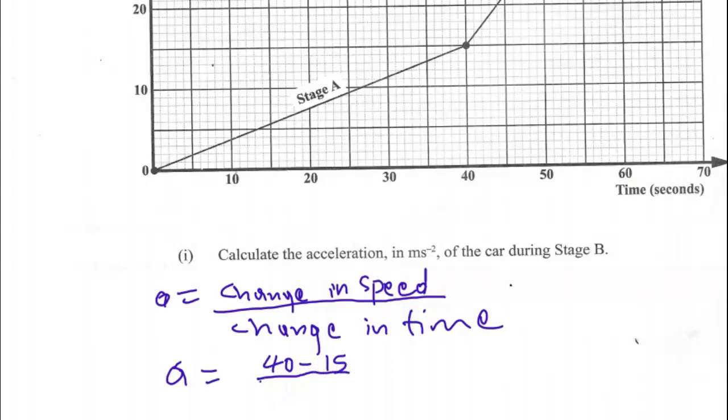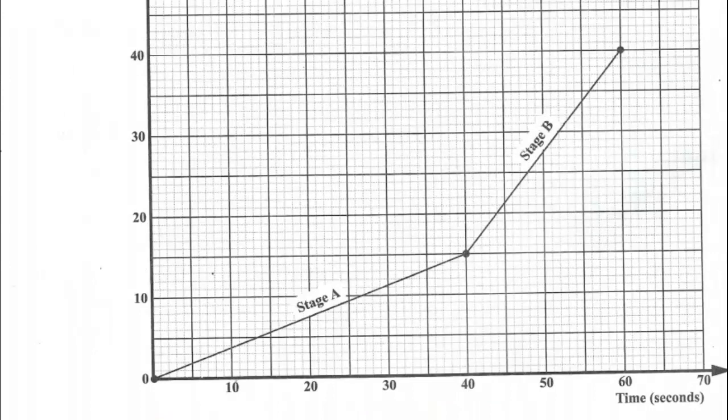And for the change in time at stage B, the initial time was 40 seconds, and then stage B ended at 60 seconds. So the change in time would have been 60 minus 40, that's 20 seconds.